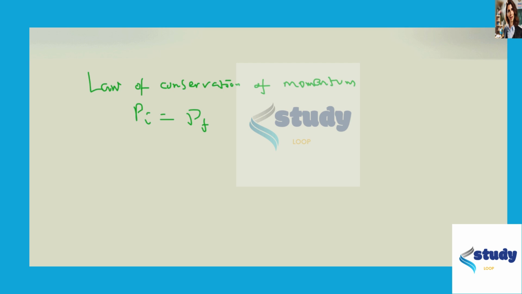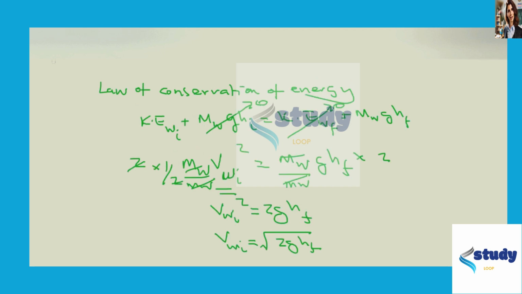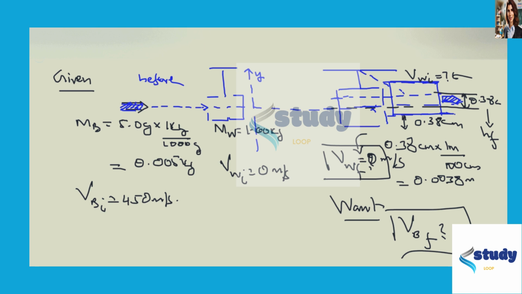The initial momentum involves the bullet and the block, so the mass of the bullet times the initial velocity of the bullet plus the mass of the wooden block times the initial velocity of the wooden block. And this is before it starts moving. So there are two components. I think we should call this before motion.